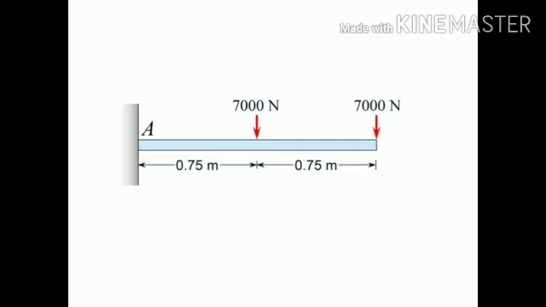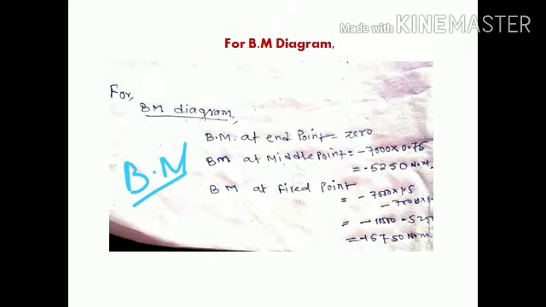Why is it minus? Because the forces are downward, as we already discussed in the sign conventions. So BM is equal to minus 10,500 minus 5,250, which is minus 15,750 Newton meter. This way we can easily find the BM at the different points.